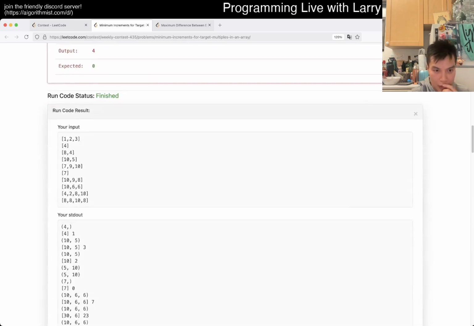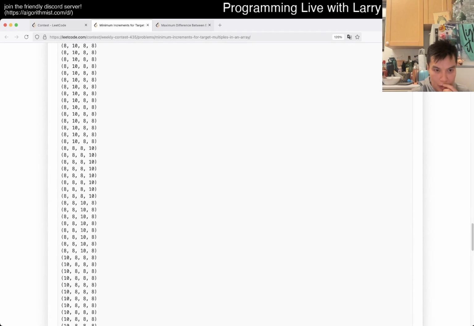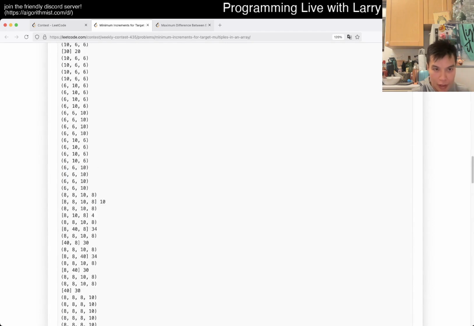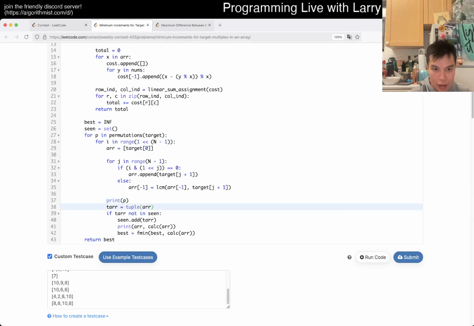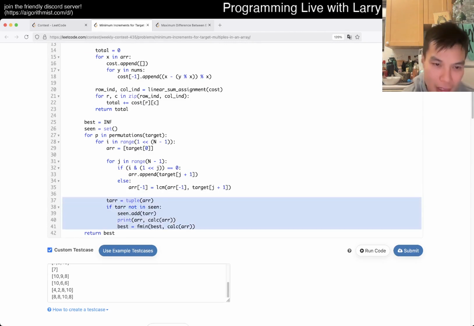Why is there no... okay, so right? So it should be one of these. Oh, I am dumb. It's just that this is inside the loop, but that also makes things... No, that's right.